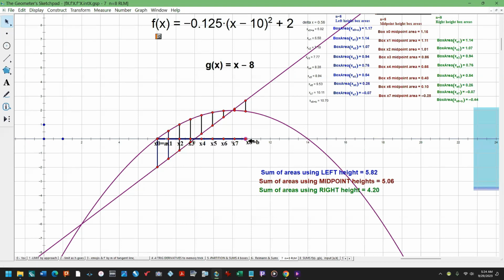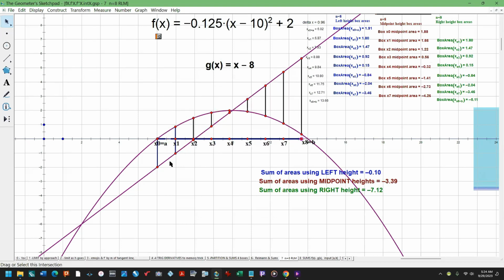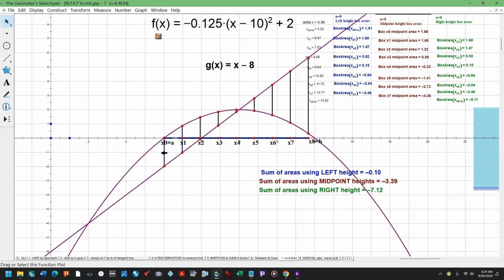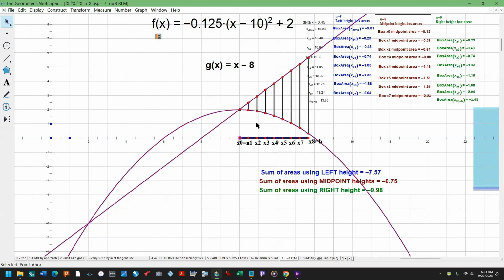Here, if I move it a little bit, you see the parabola is on the bottom, the line is on the top. I'm getting negative sums. And this is only with 8 partitions.